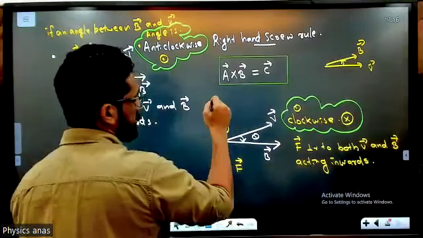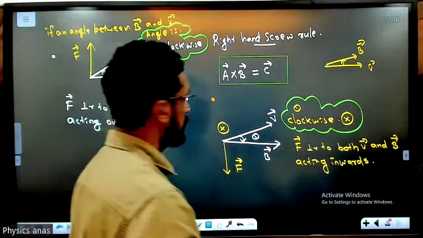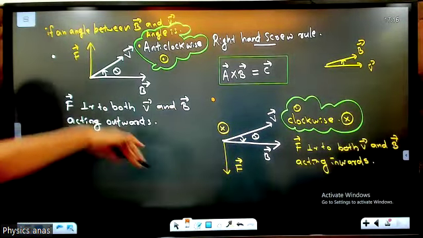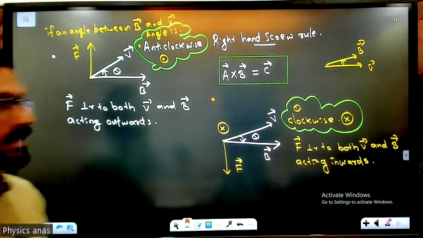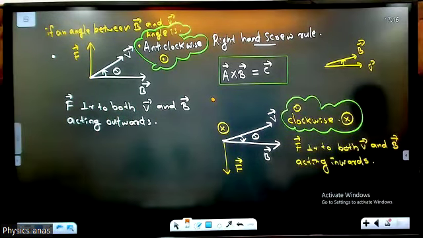This is the second case. This is B cross V, that's B cross V and V cross B.